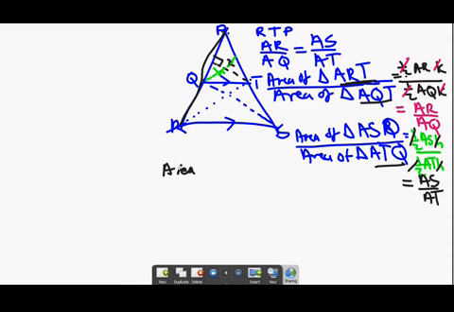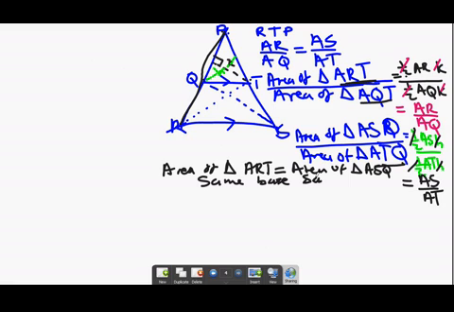Area of triangle ART is equal to area of triangle ASQ. And what is my reason? It's exactly the same as the one before. Same base, same height.